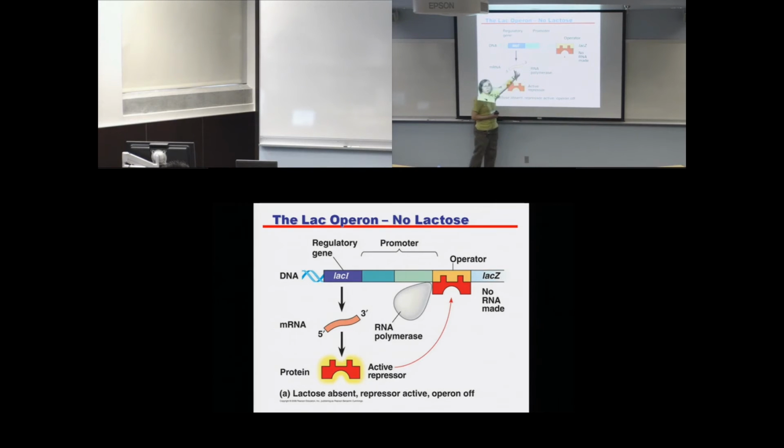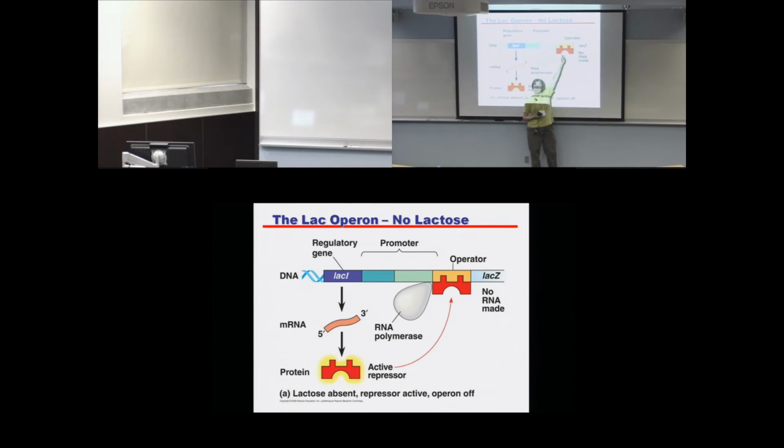And if there's no lactose present, that lac repressor protein is made, it is active, and it binds to the DNA. And what that means is that RNA polymerase, the protein whose job it is to make a copy of that gene so that those proteins can be made, it can't do its job because there's a roadblock in the way.